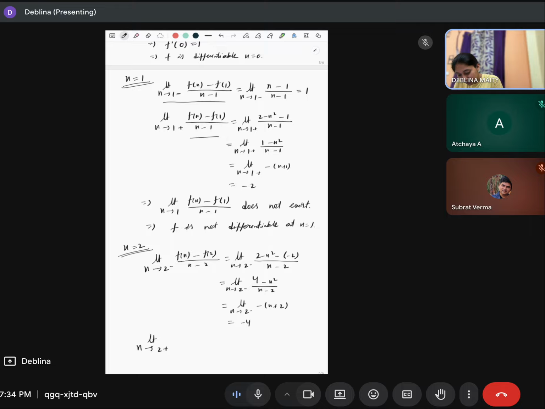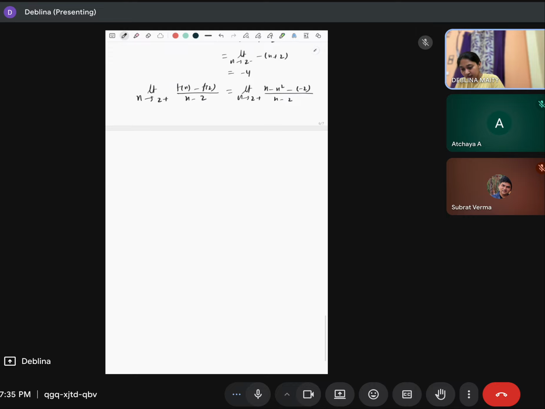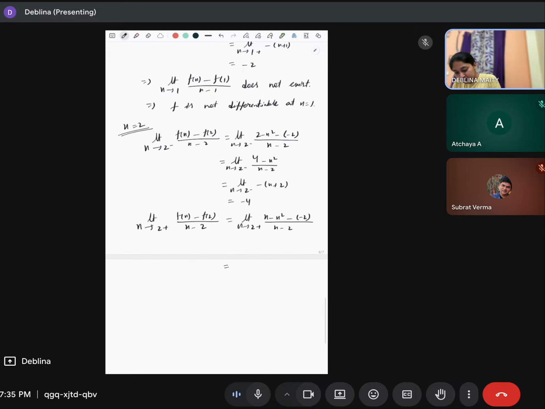And if we approach it from the right side, so then it will be x goes to 2 plus, then we will take the function x minus x square, because it is bigger than 2, minus f(2) which is minus 2, by x minus 2.